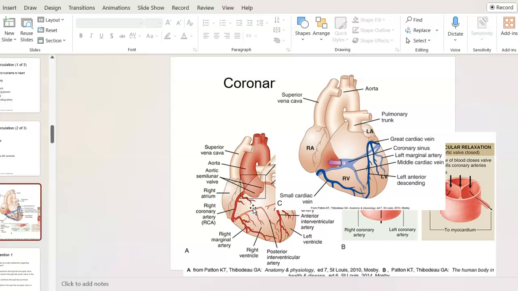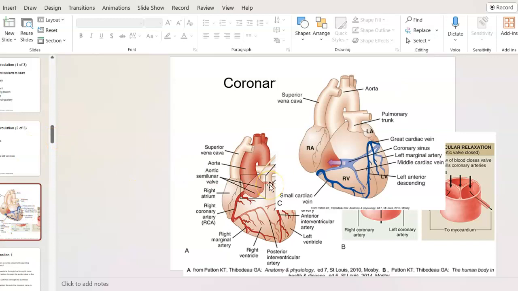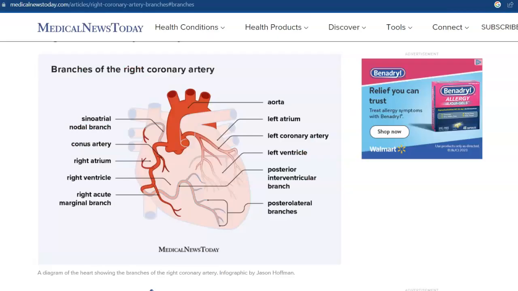If you bring up different pictures, you'll see different names, different presentations. I want to make sure I'm hitting all the ones that your class is presenting to you. So the last one that we need, posterior vein of the left ventricle, would be behind this left ventricle, and it's not even in the picture. Let me see if I can find it for you.